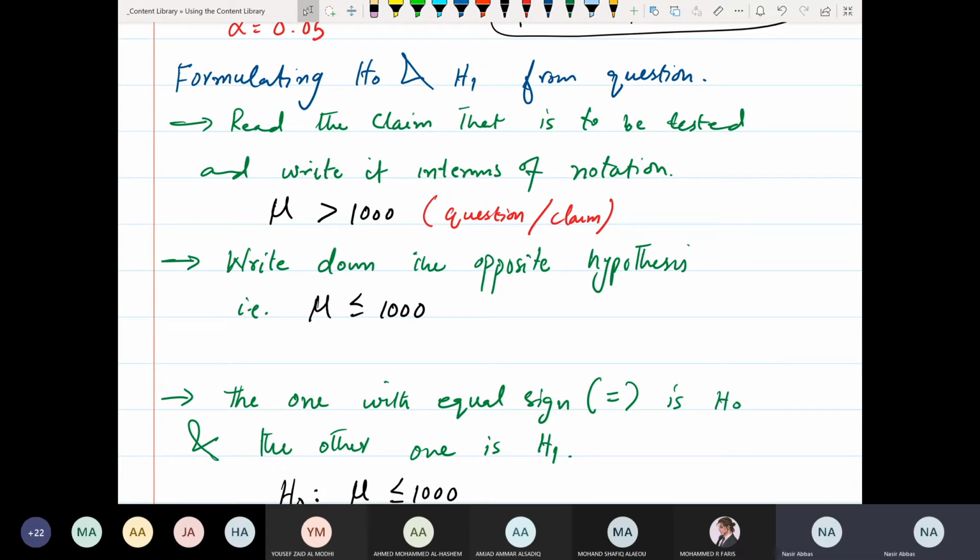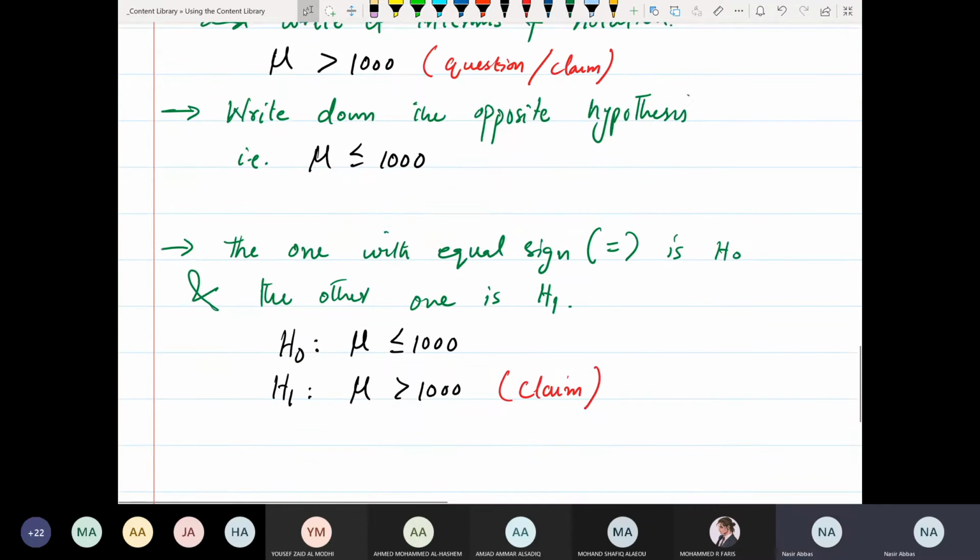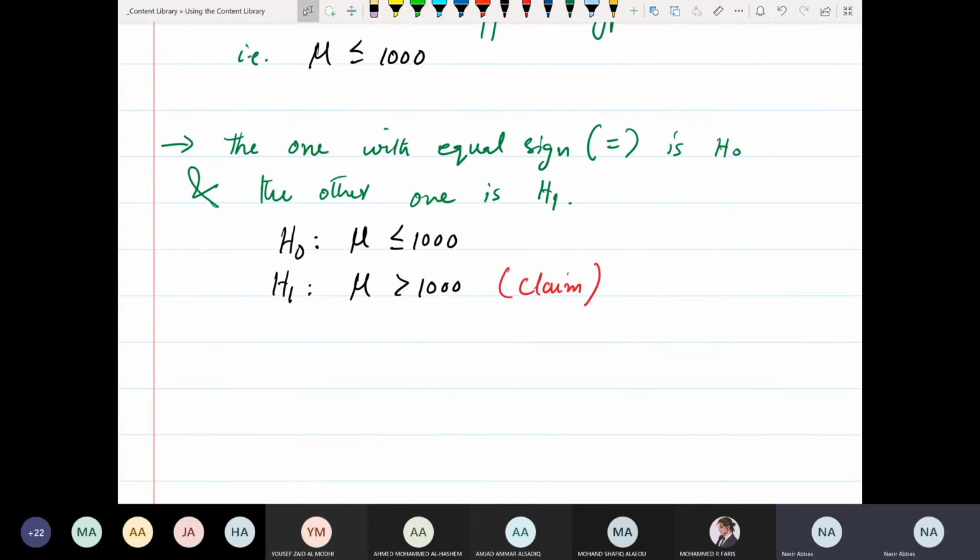And number 3, you will see which hypothesis contains the equal sign and which one does not. The one with the equal sign is your H0, the one without is H1. Let me solve this question completely and then I will give you some more examples of different questions from where we will make H0 and H1, because this is a very critical step.